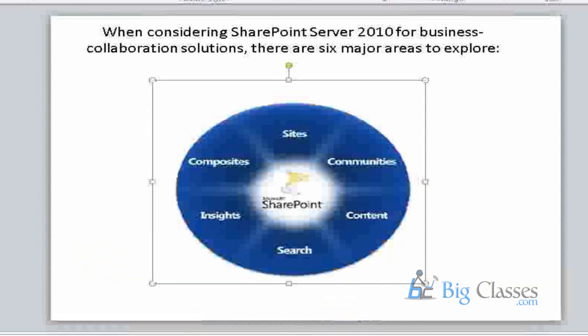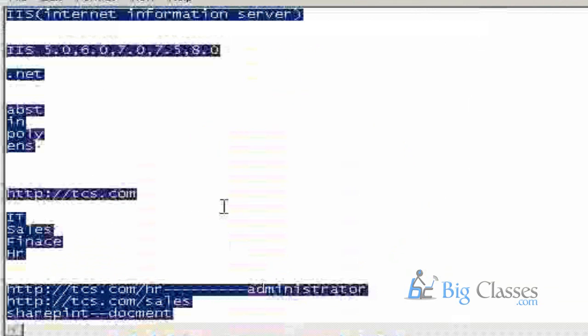Next, let us see what the hardware and software requirements are to install SharePoint. First, hardware requirement. If you want to install SharePoint 2010, your system should have a 64-bit processor. Interview question: can we install SharePoint 2010 on a 32-bit edition of the OS or not?